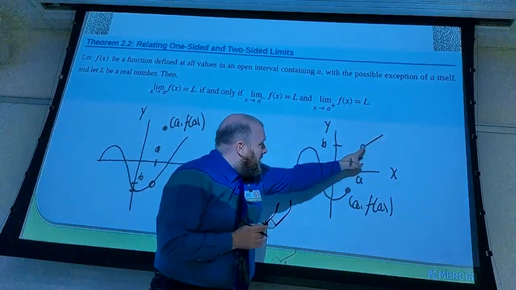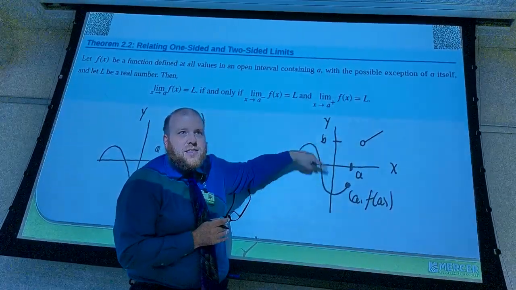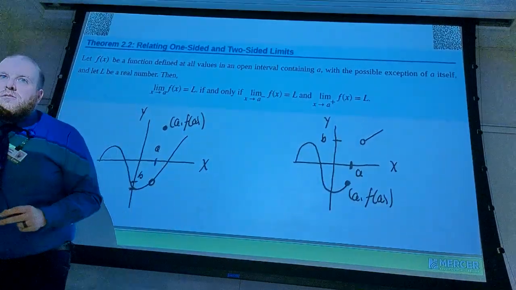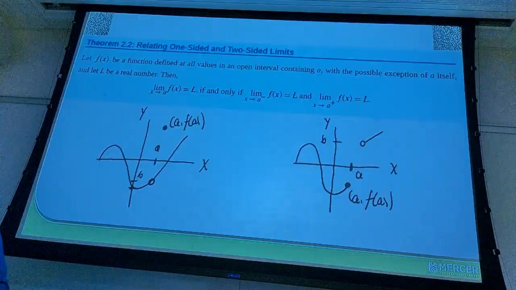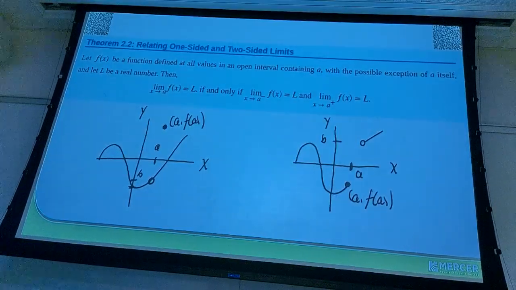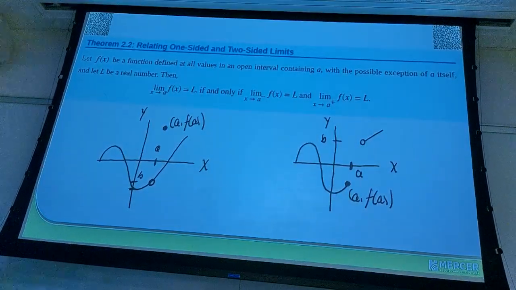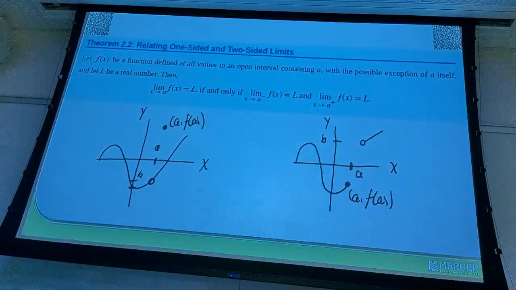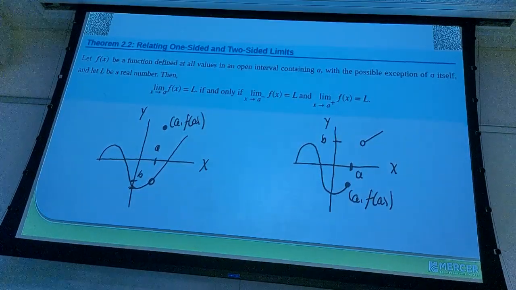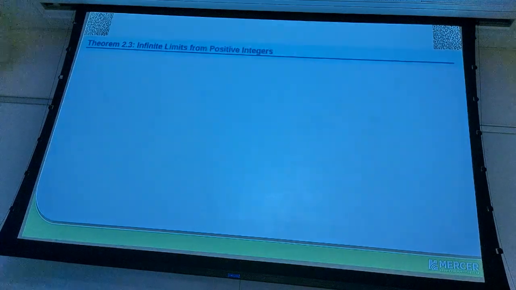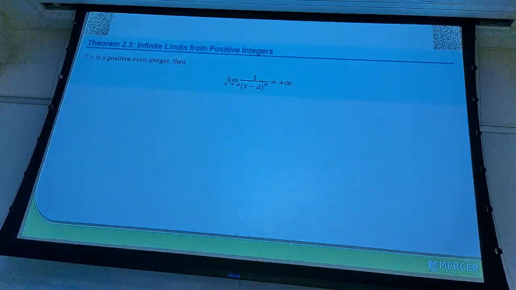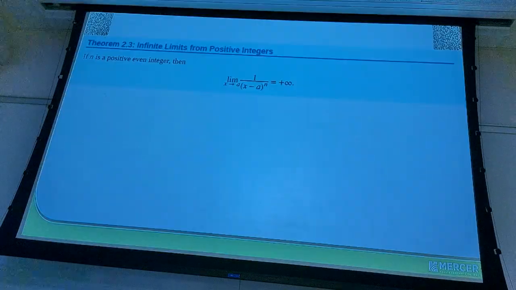But now as we come in from the right, we're approaching B. That limit does not exist, because you're not approaching the same value from both sides. It's not coming together. Your one-side limits both exist, but since they're not equal, your limit itself does not.